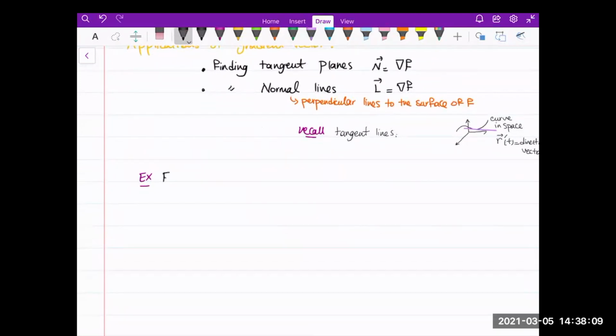Find the tangent plane to the surface x squared plus y squared minus z squared equals 4 at 2, 1, 1.